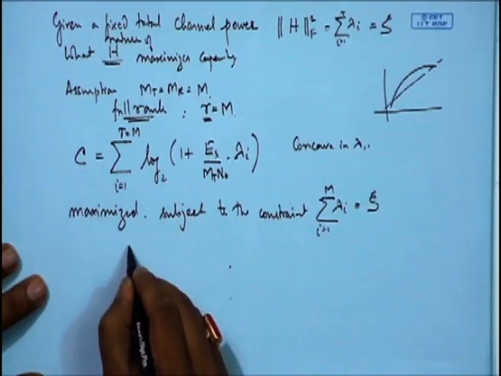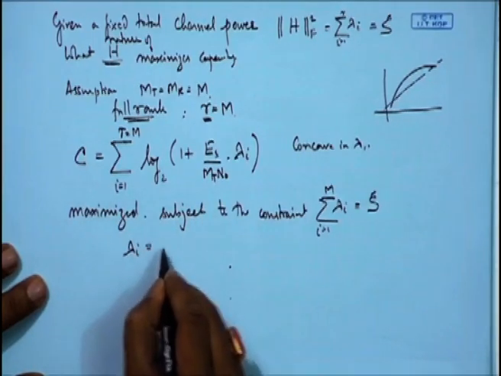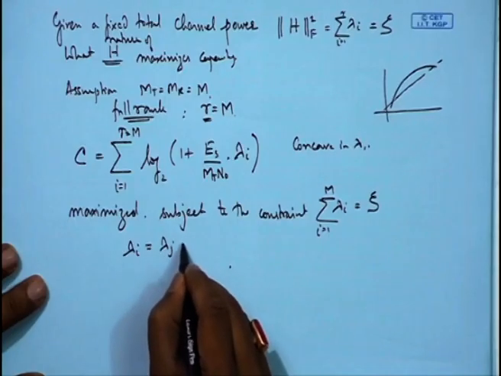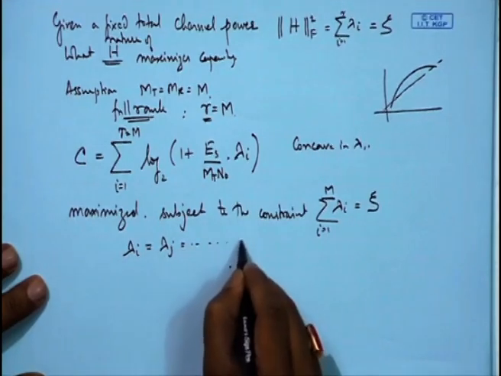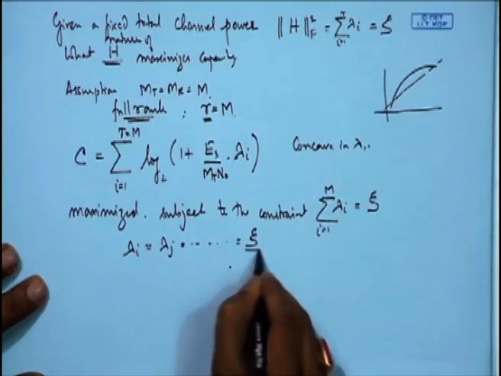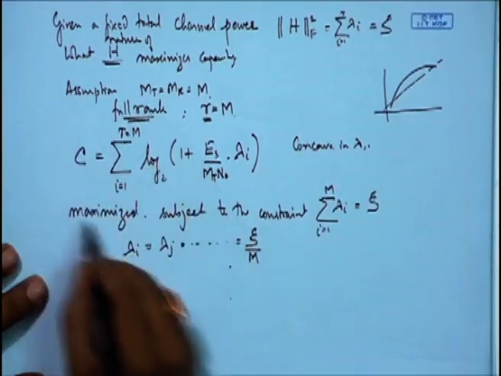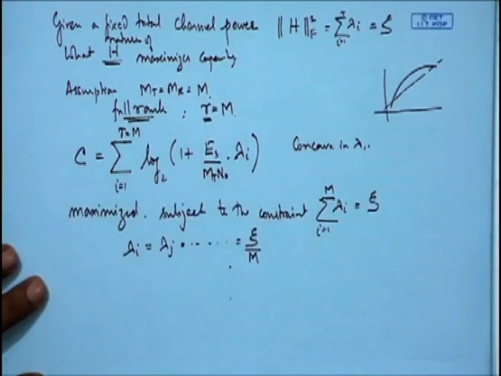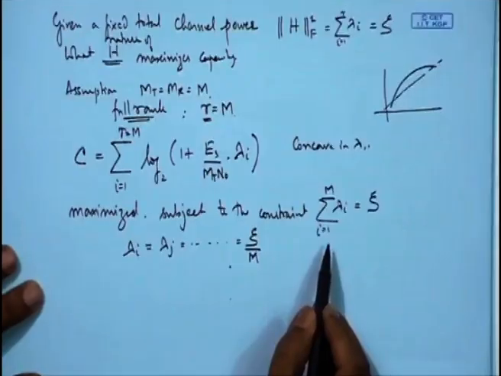It is that when lambda i is equal to lambda j, that means all the lambdas are equal, that is each of them is equal to zeta by M, this expression is maximized. Okay. So that is a well known result which we will take advantage of. We will not go into further derivations, because that is going to take some additional few pages, and I would recommend you take a look at it, otherwise this can be shown.